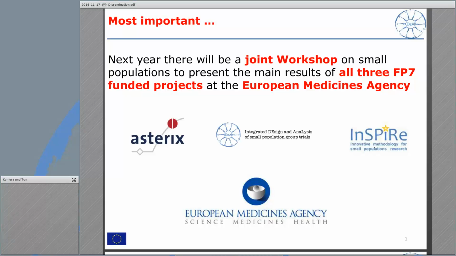And it's really great that the European Medicines Agency kindly offered to host this meeting in London, UK next year. So I'm really happy today to announce that IDeAl will have a joint meeting with Asterix and InSPiRe at EMA next year. At this meeting you can not only familiarize yourself with the results coming out of IDeAl, but also see the main developments from the other 2 projects.